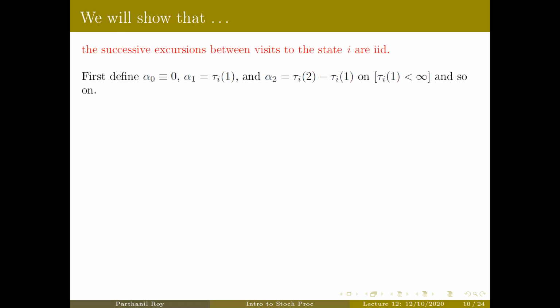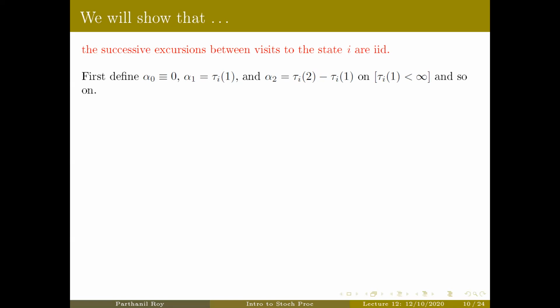But before that, let's define one more quantity. Define alpha 0 to be 0. Alpha 1 to be the first return time to I. Alpha 2 to be the difference between the second return time and the first return time: how long it takes after the first return time for the Markov chain to come back to 0.